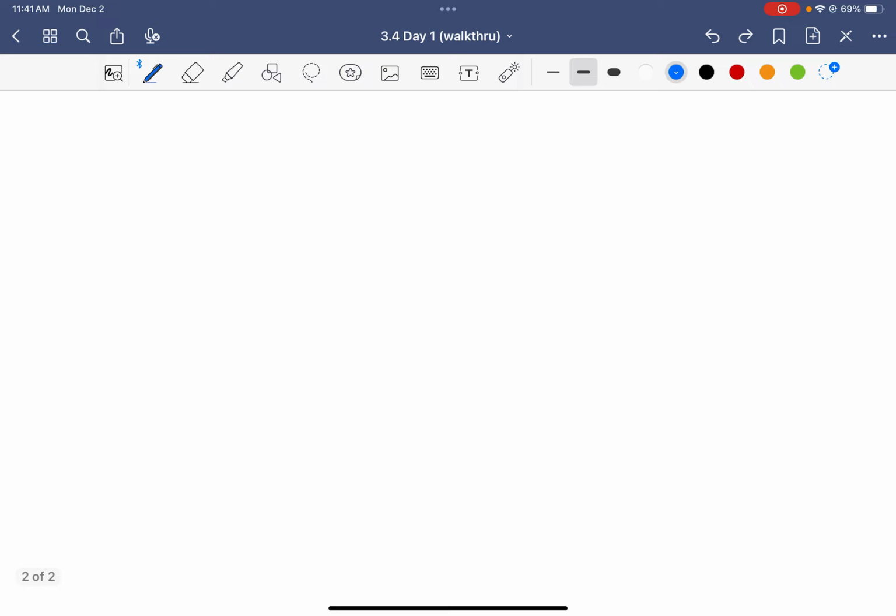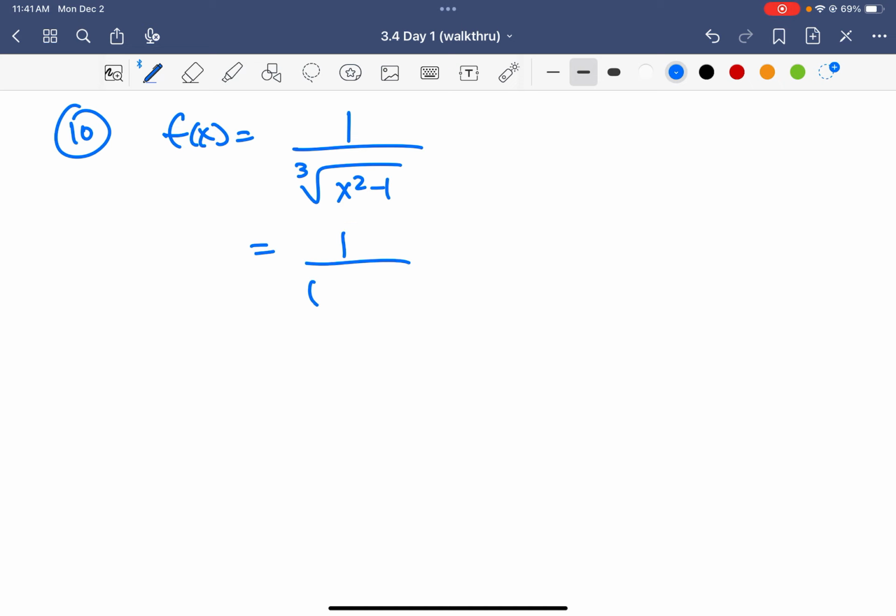So number 10 would be f of x is equal to 1 over the cube root of x squared minus 1. The first thing I'd do is write it as 1 over stuff to the 1/3. But then I can bring it up into the numerator as (x squared minus 1) to the negative 1/3.